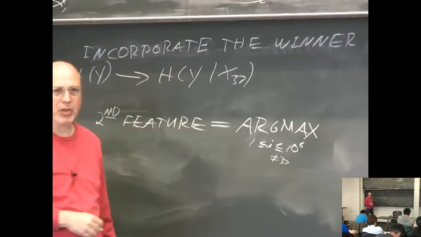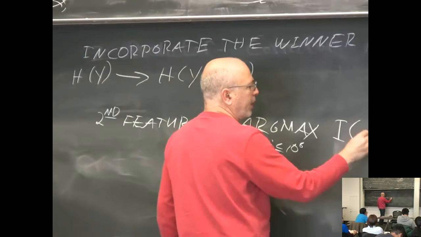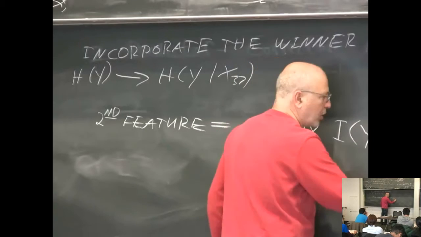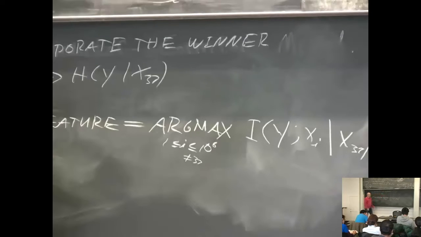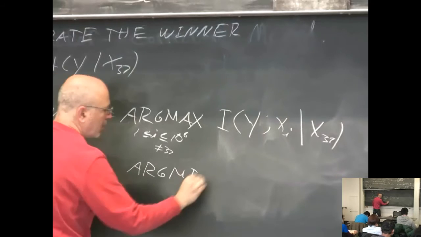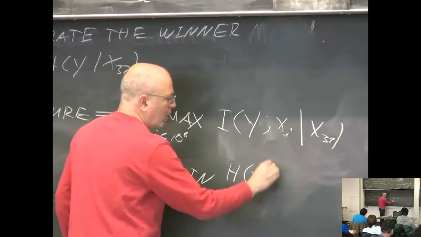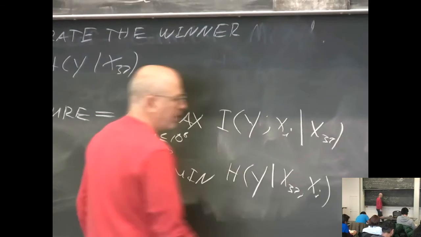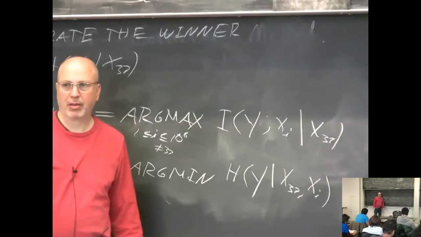Exclude the one that was already chosen. I'm going to find the one that maximizes the mutual information between y and xi conditioned on already knowing x37. And of course this is the same as writing argmin of the conditional entropy of y conditioned on x37 and xi.